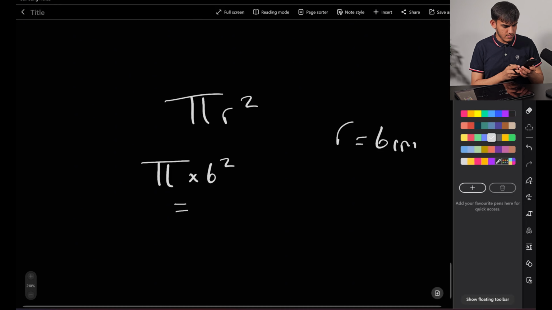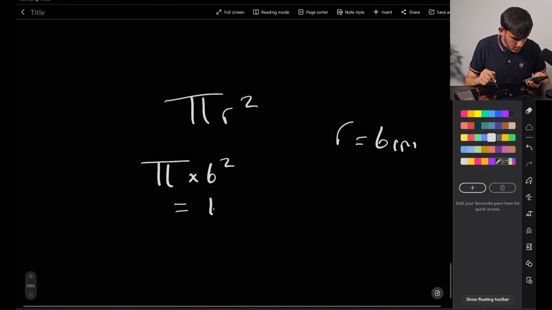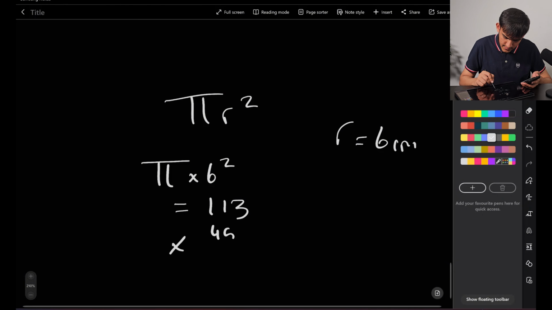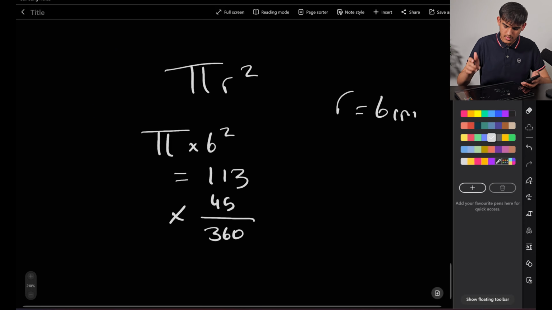So that equals 113. However, we're not done with this yet because it says that the sector has an angle of 45 degrees. So what we do is we multiply this by 45 over 360, because obviously a full circle is 360 degrees, but the angle here is 45 degrees.